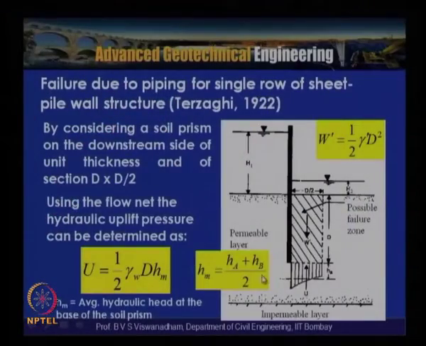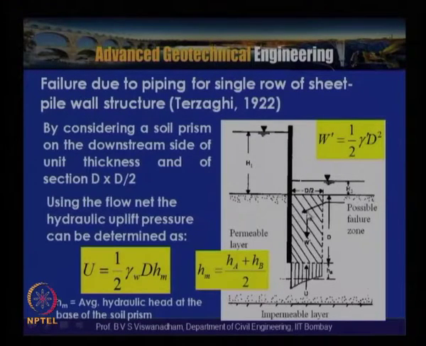So after having seen the examples, now let us try to see if we have a sheet pile wall structure or a concrete dam structure, and there is water flow. We have seen that the water flows vertically down and then rises upwards.